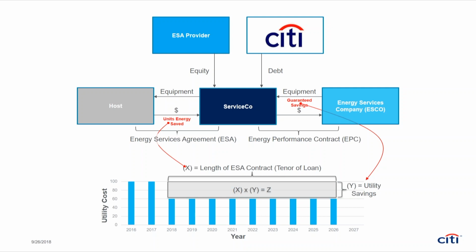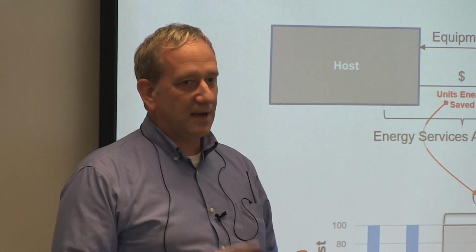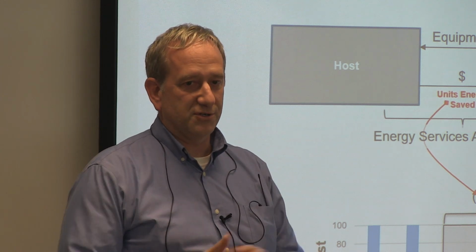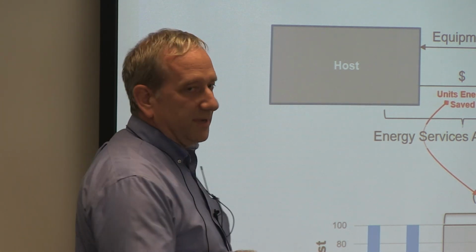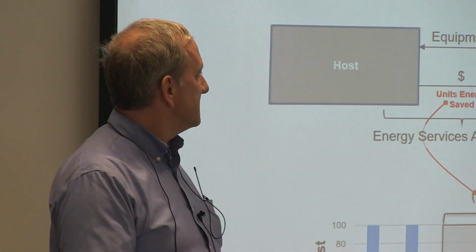The sensors and the protocols around M&V become a critical piece of the financing, because unless I can show that by virtue of the stuff that I put in the building, that's why I'm saving you those 40 units, if I can't prove that to you, how am I going to charge you for it? I'm going to get to your question around the performance guarantee in just a moment.